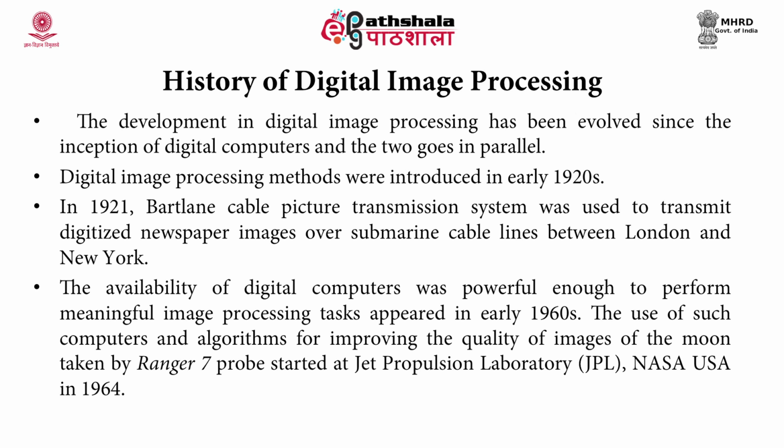Digital computers powerful enough to perform meaningful image processing tasks appeared in the early 1960s. The use of such computers and algorithms for improving the quality of images of the moon taken by the Ranger 7 probe started at the Jet Propulsion Laboratory of NASA, USA in 1964.